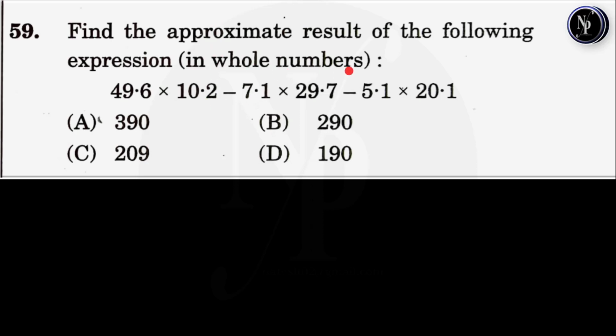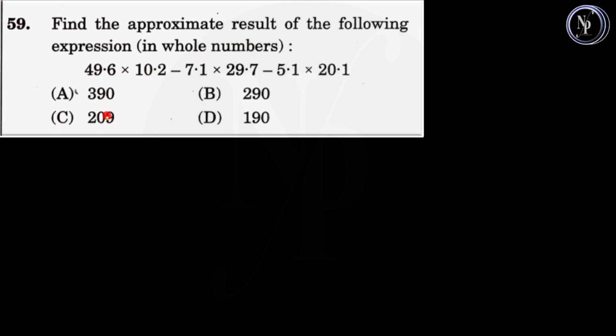For that, what we should do is we should first write down these decimal numbers into the nearest whole numbers, and then we simplify. So the first number here is 49.6. So 49.6 is close to 50, which is a whole number. 50 into 10.2 is close to 10.